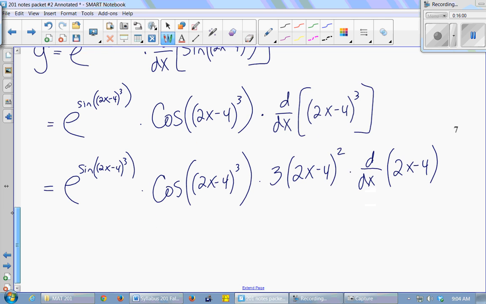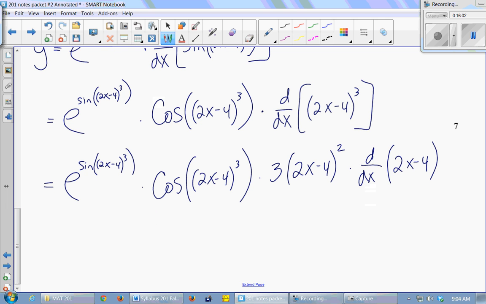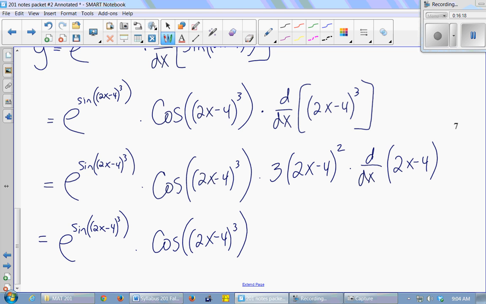So yeah, I could just write times 2. But I'm going to write it all out so that people have this at least once, every step written down. So the derivative of 2x minus 4 is 2.